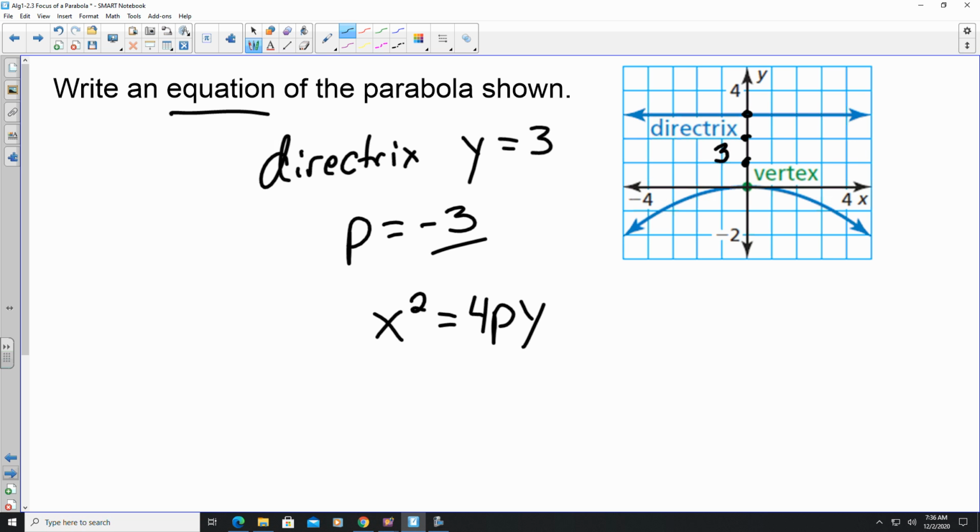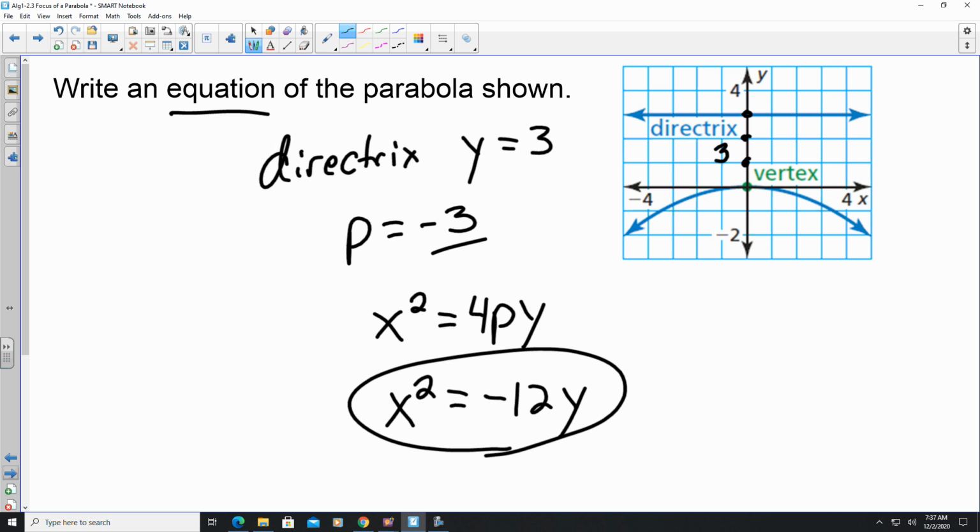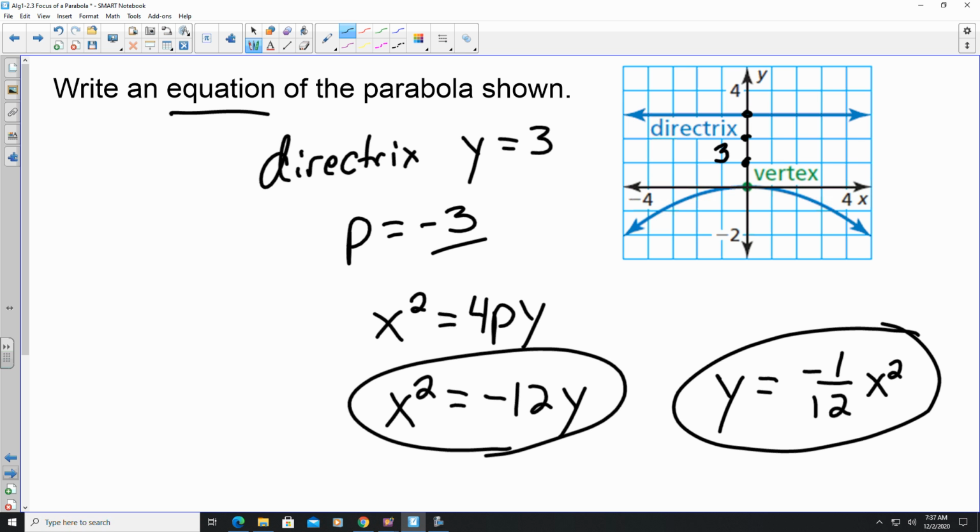Now that I know that -3 is p, my equation is x squared is equal to -12y, because 4 times -3 is -12. If you have it like this, great. If you want to write it with respect to the variable that's only got 1 degree, you could also have written this as y equals -1/12 x squared. Either one works.